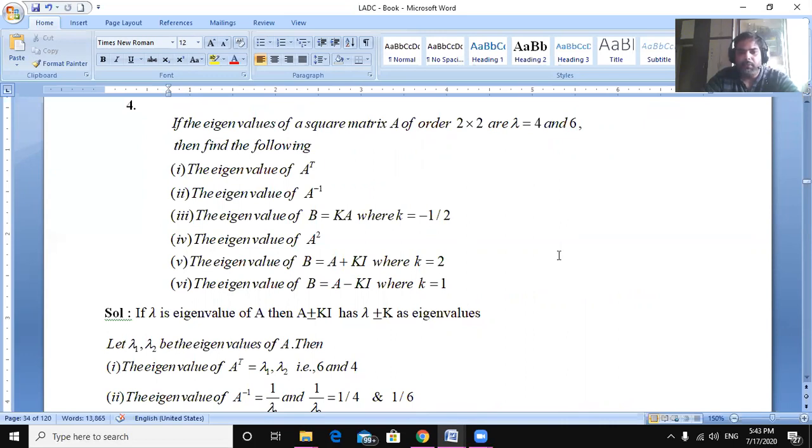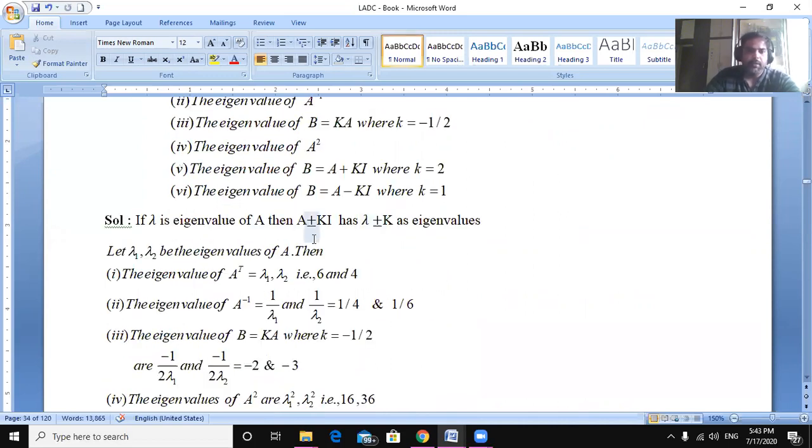What are the eigenvalues of A plus KI and A minus KI? If lambda is an eigenvalue of a matrix, then for A plus or minus KI, lambda plus or minus K is the corresponding eigenvalue. That means 4 is an eigenvalue, 4 plus 2 equal to 6, and 6 is an eigenvalue, 6 plus 2 equal to 8.